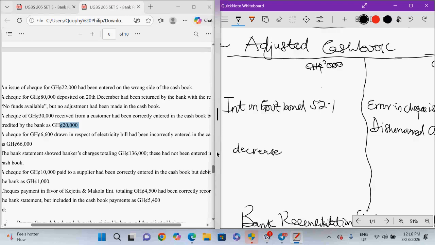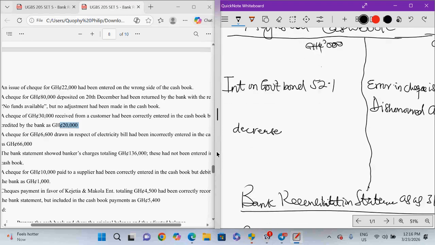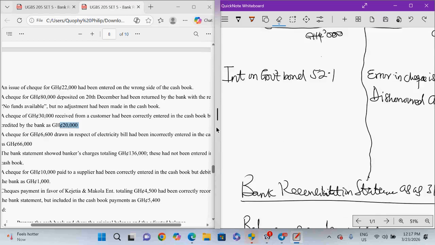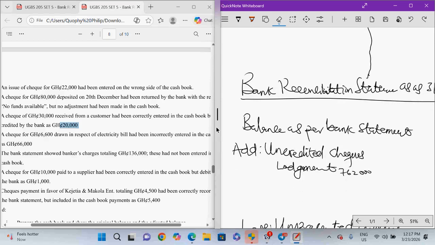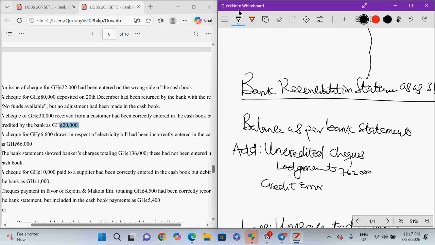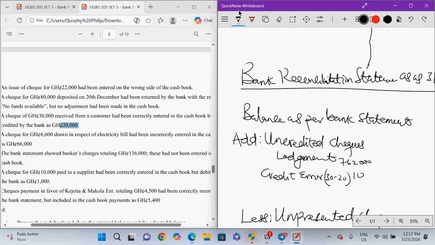So this one will affect our uncredited checks. If it is decreasing our bank account, which item will it affect? Uncredited check. So that will be a credit error because you made an error, and that is 30 minus 20, which is 10, right?